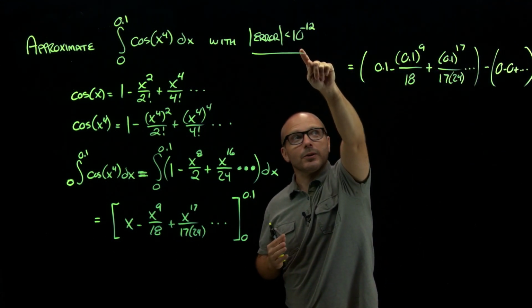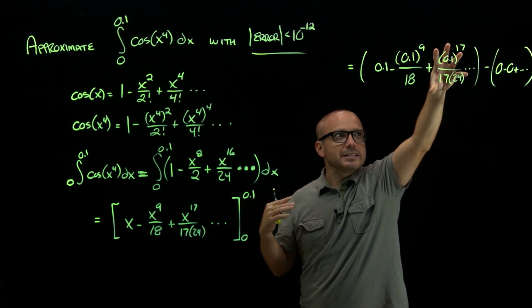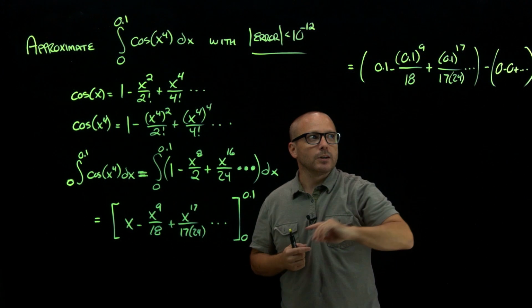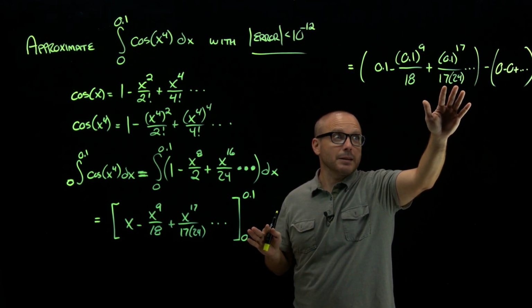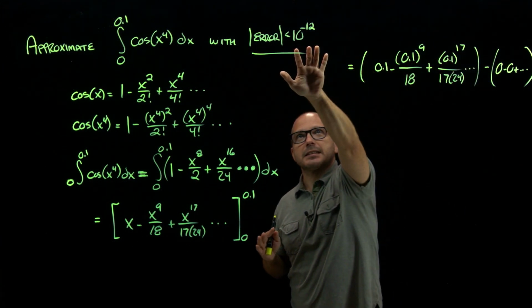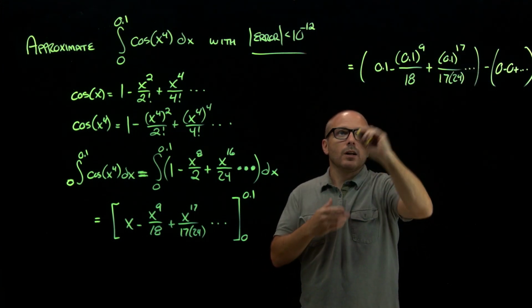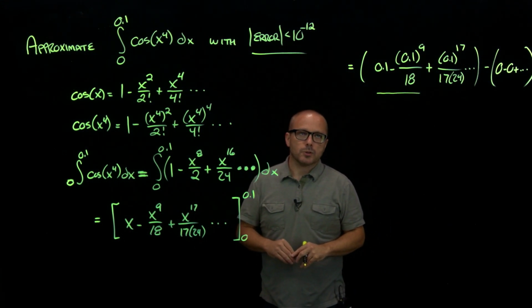It's already smaller than that, and it's being divided by some big number. So this is definitely less than 10 to the negative 12th. And now you see why I didn't bother multiplying these together. It's not going to really matter because this term is definitely less than 10 to the negative 12th. So all I'm really going to need to use are those first two terms.